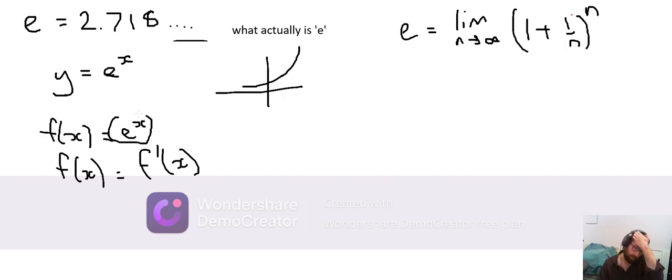So if I differentiate e to the x, I get e to the x. And it's very, very unique in that way. If I put any other number here as my base, it wouldn't work. Only e works. And I'm going to show why.